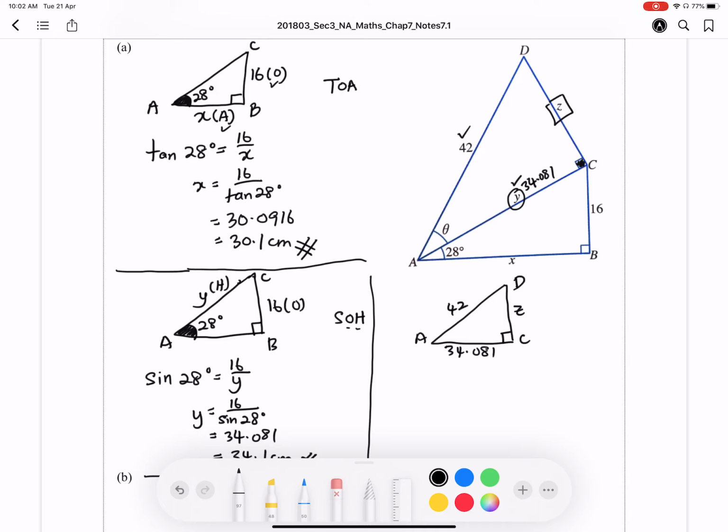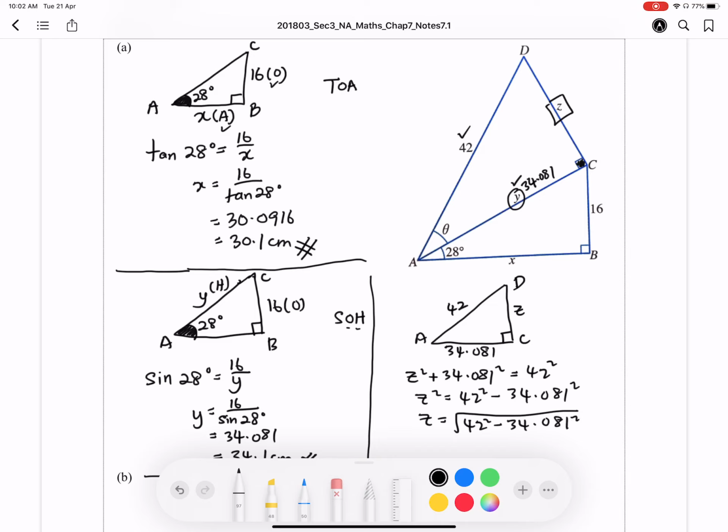So by Pythagoras theorem, we have Z squared plus 34.081 squared equals 42 squared. So we will have Z squared equals 42 squared minus 34.081 squared, and we can get Z by applying square root on the right hand side.